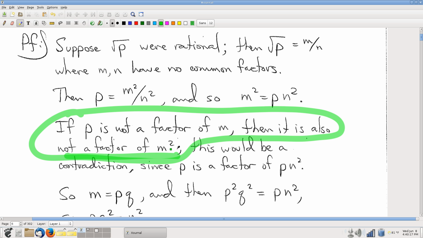Well, 15 squared is 3 times 5 times 3 times 5, which is 3 times 3 times 5 times 5, which is 9 times 25. So p is not a factor of m, but it is a factor of m squared. The thing that makes that go wrong is that 9 is not prime.